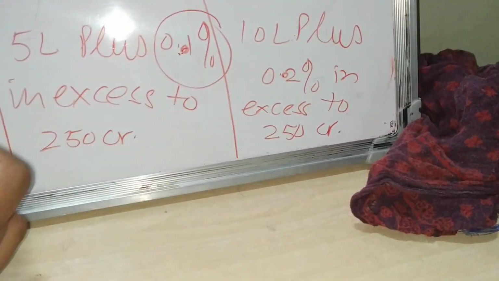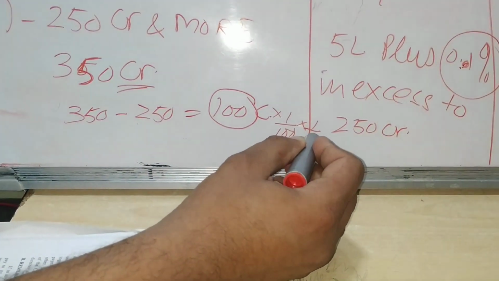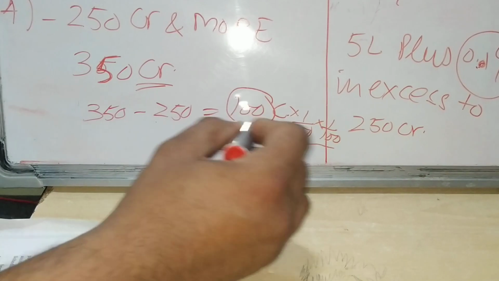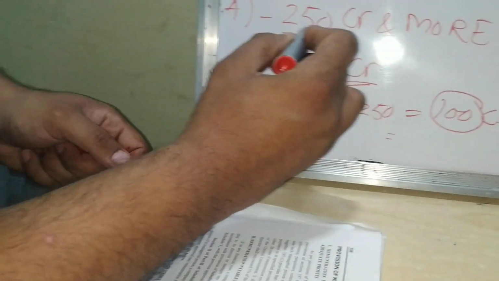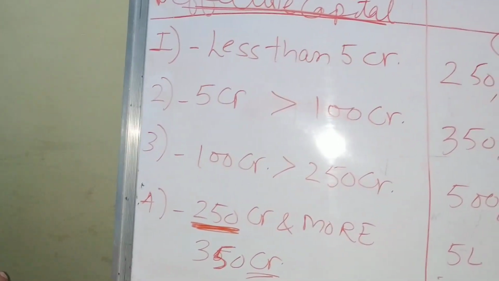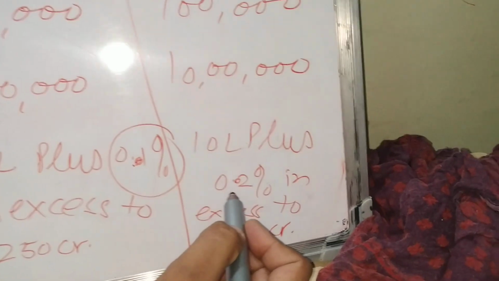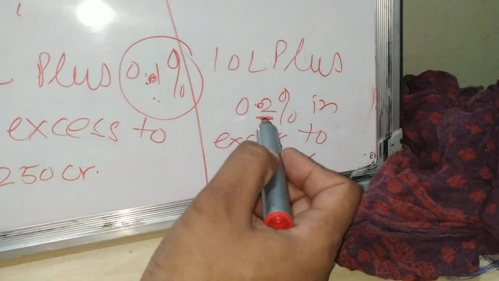So 0.01% refers to 1 upon 100 into percent. This way you will calculate the additional amount he gets if the company's excess effective capital is more than 250 crore. And in the second table, this 0.01% increases to 0.02%.